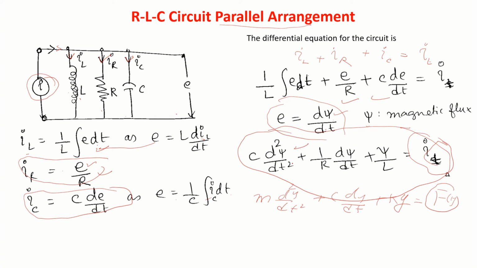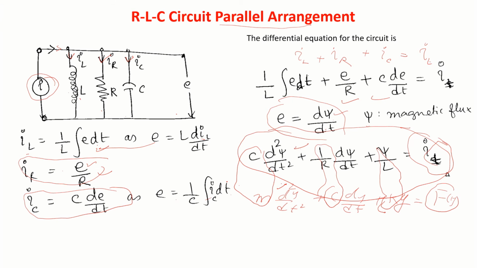These are current values, these are force values. Analogous quantities are: m is represented by C, damping coefficient is represented by 1/R, and stiffness is represented by 1/L. These are the analogous quantities.